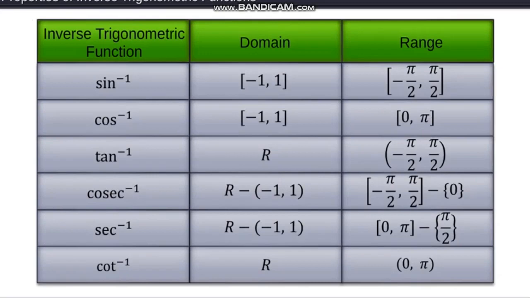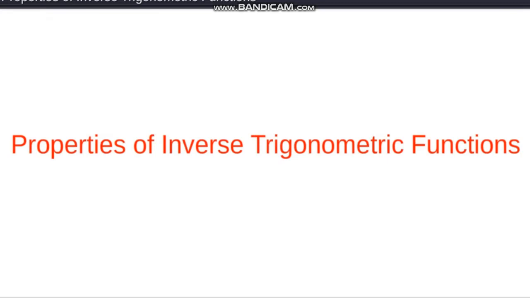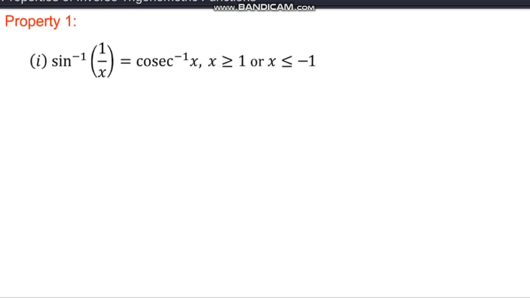You also learned about inverse trigonometric functions and their principal value branches. Let us now prove some properties of inverse trigonometric functions. The first property states that sine inverse of 1/x is equal to cosecant inverse x.